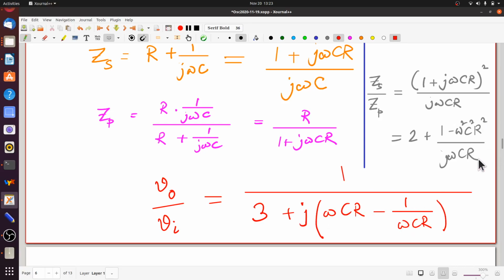Just to point out, when omega is exactly equal to 1 by CR, this bracket vanishes and Vo by Vi then becomes purely real. No phase shift between the output and the input. That's the zero phase shift between the lead and the lag. And at that particular frequency, the Vo by Vi ratio is real and is exactly equal to 1/3.